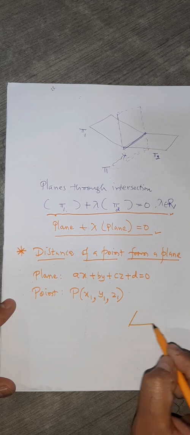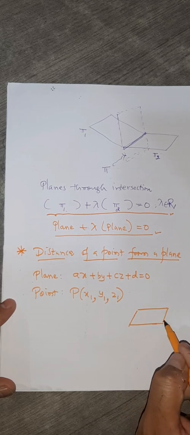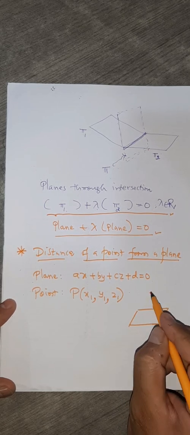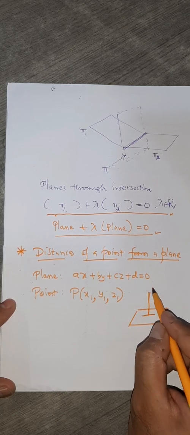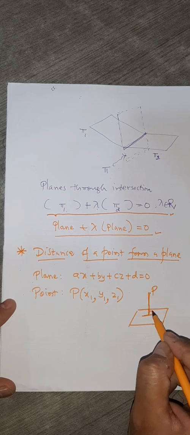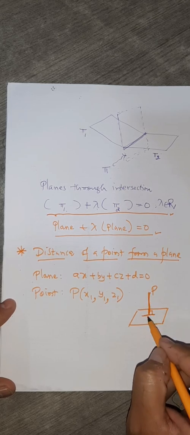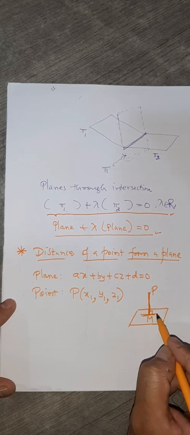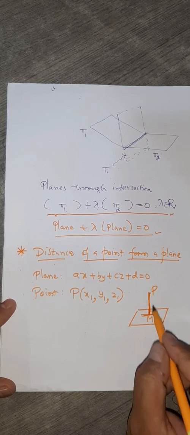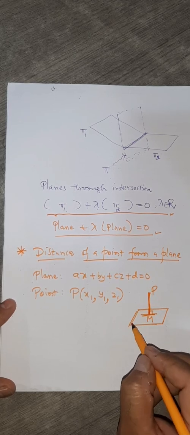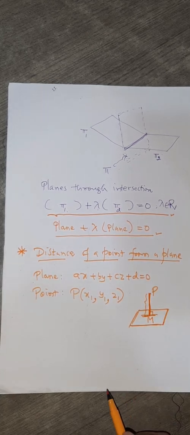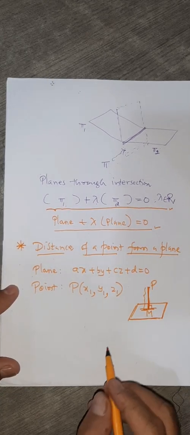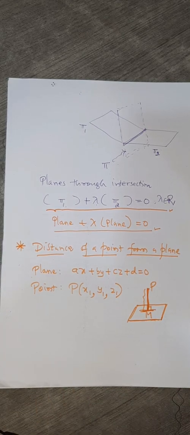So it's like this. Here there's a plane. This point P, we want this perpendicular distance. Let me call this PM, for example. Perpendicular distance of a point from its foot, remember this one. This is called the perpendicular distance. So it is also similar to one of the theories from the straight line.